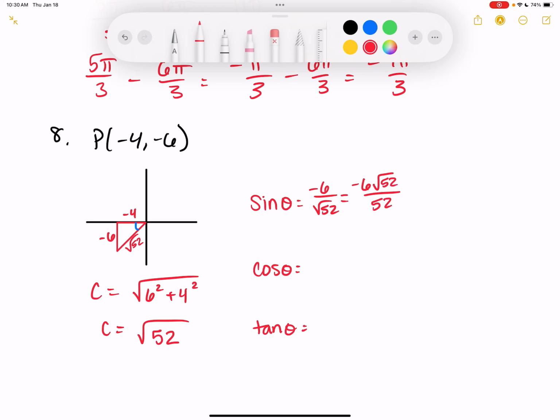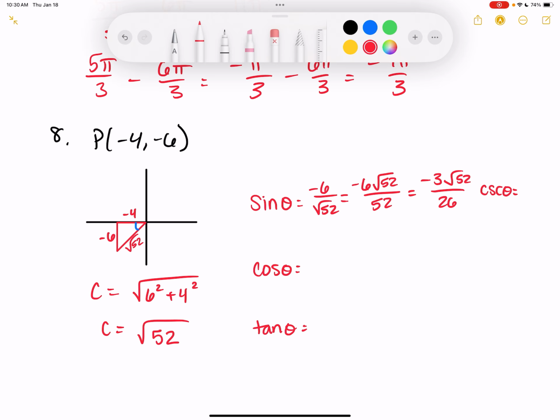Can I do anything else? Take out a 2, so negative 3 root 52 over 26. That's why I said I was going to wait and write the other ones, because I'm not going to have room.